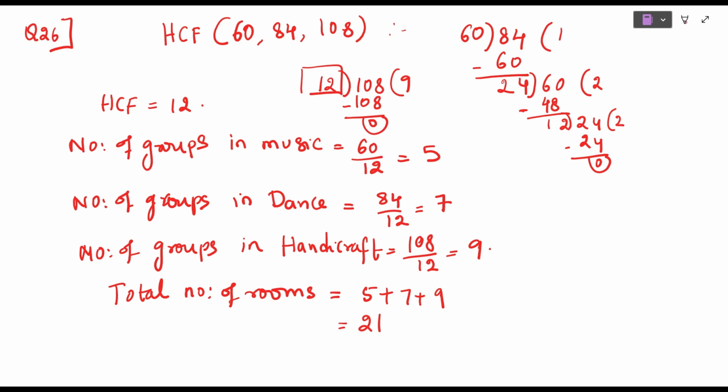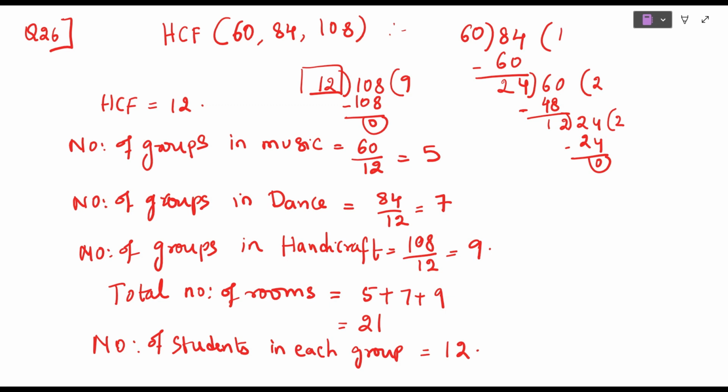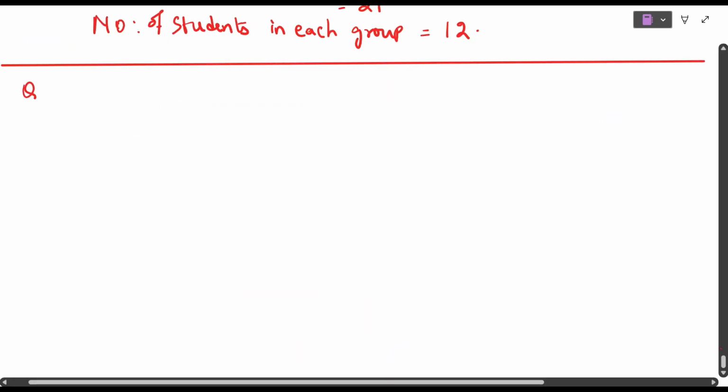Here this 12 is nothing but the number of students in each group. So the number of groups and also the total number of groups we have to find. So in this way you have to show the steps. Did you understand students?